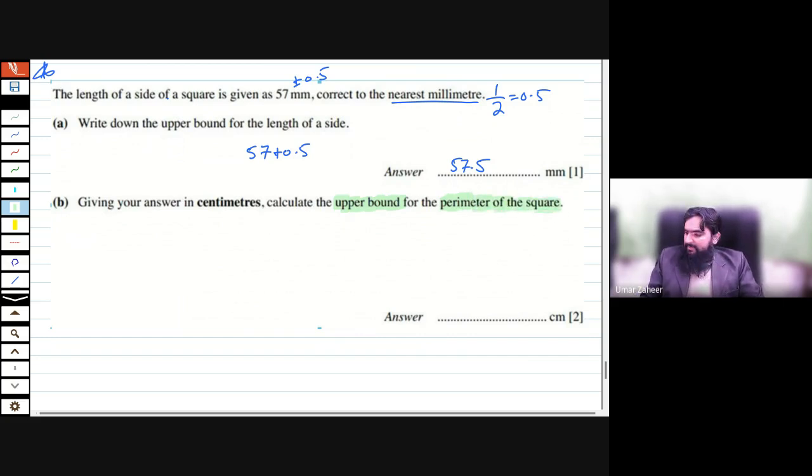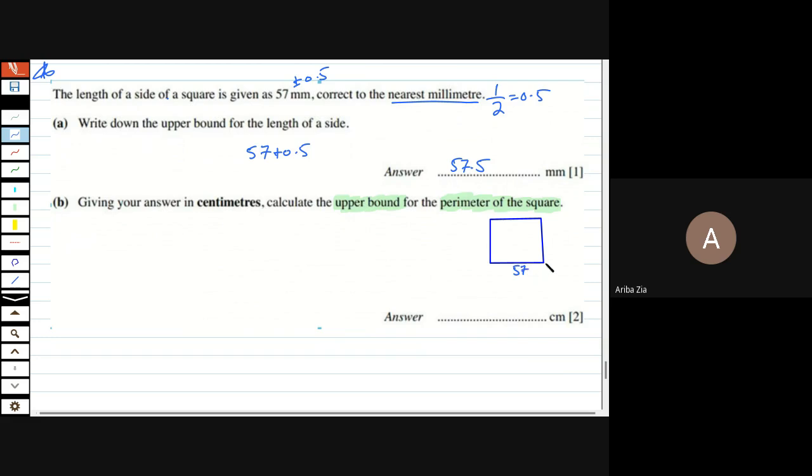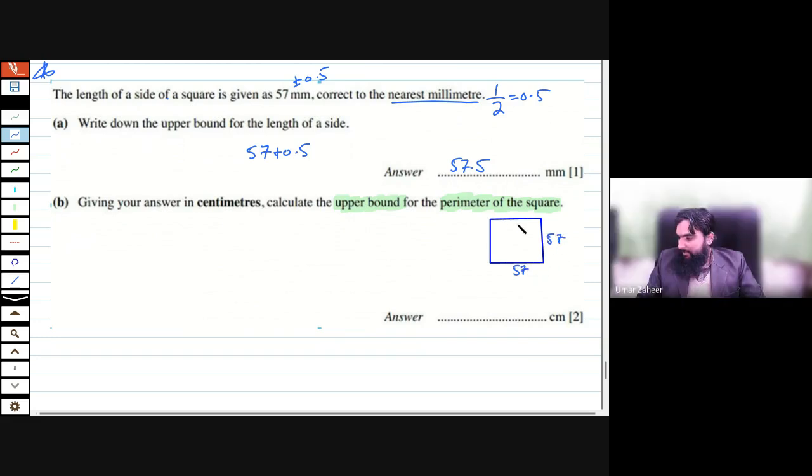Yes, Ariba, what is the formula for the perimeter of a square? So 2 into length plus width. Perimeter means the length of all sides.